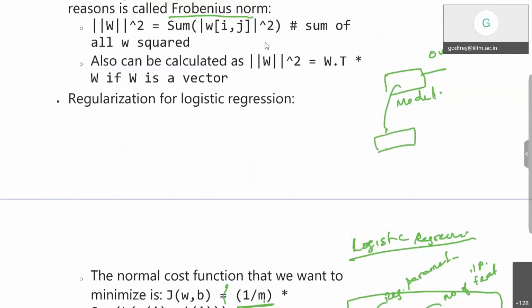To reduce the size of the model, I try to make the weights equal to 0. If I make the weights equal to 0, then many of the weights in this model are going to be 0, and that way I'm going to have a suboptimal model, which will not overfit. So that is my objective.